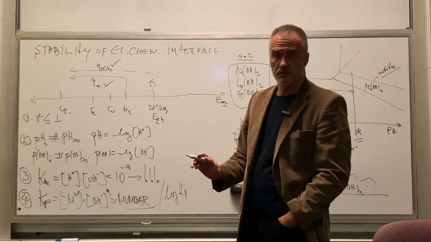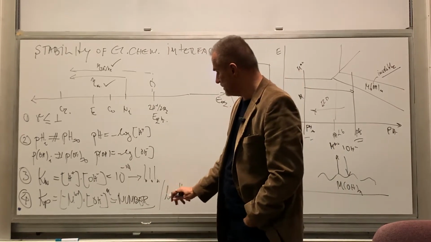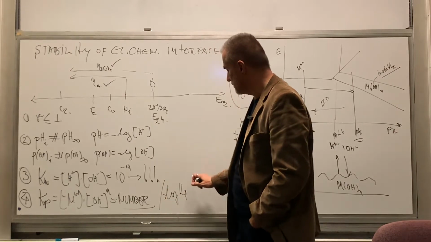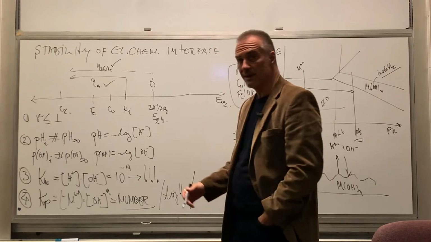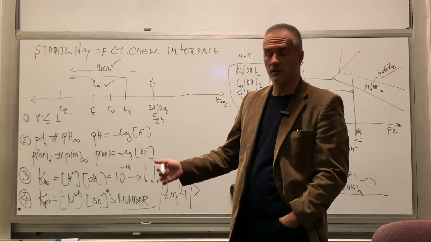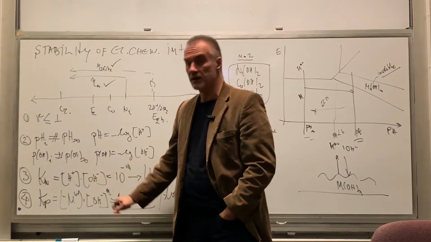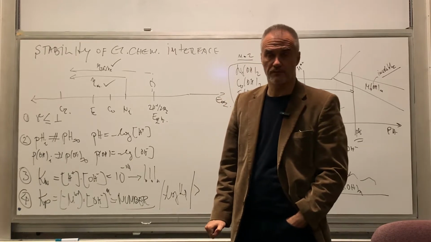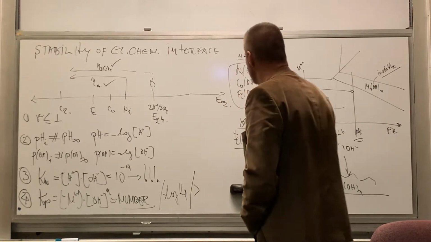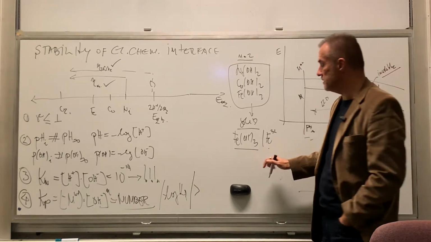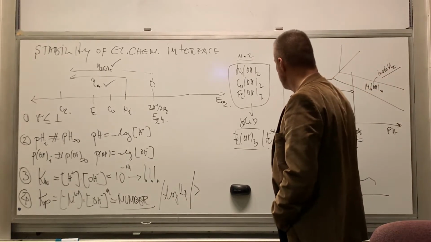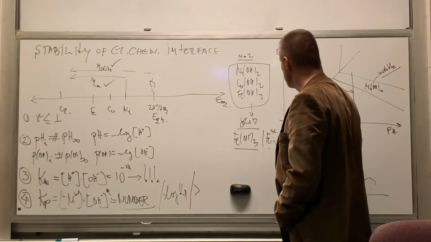And obviously, if this is minus log Kp, the bigger the number, the less soluble the hydroxide is. Okay, now let me give you an example. Iron 3 hydroxide, product of solubility is about 10 to the minus 34.